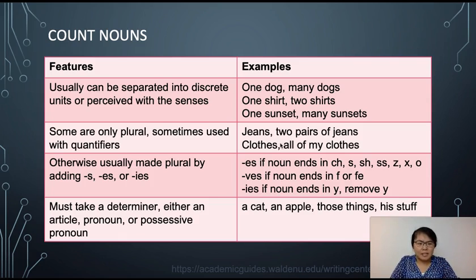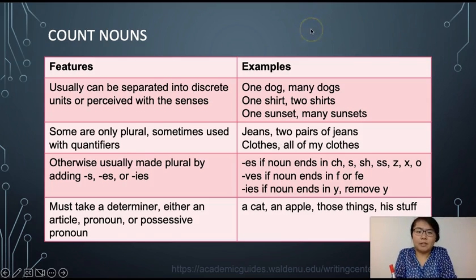Lastly, count nouns usually have to take a determiner, whether that is a, an, or the, some kind of article. Or a pronoun, like this, those, that, these things, those ideas, or a possessive pronoun, like in our example sentence, her sister, his stuff, my marker.